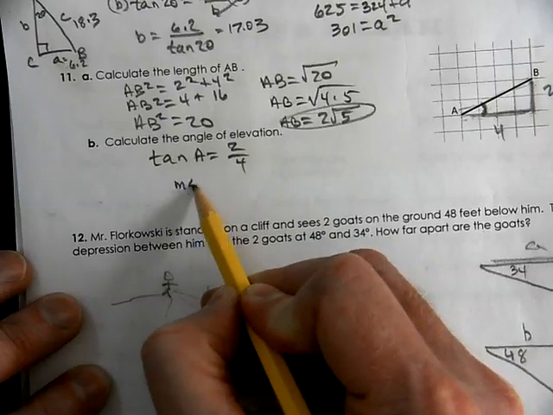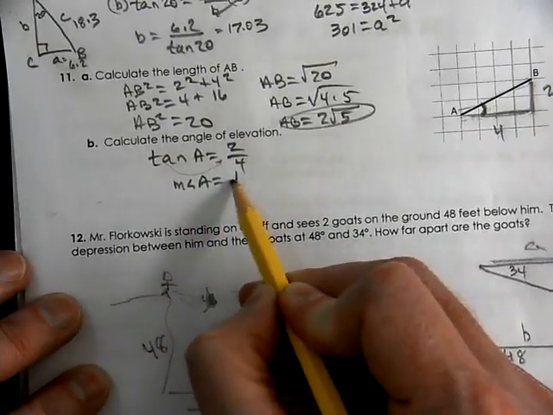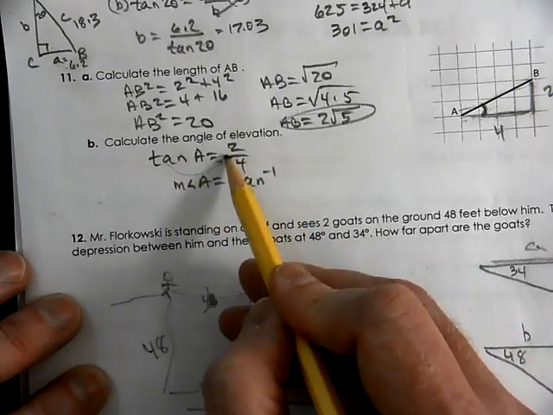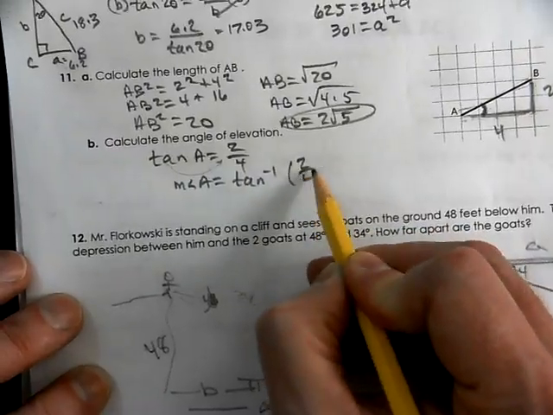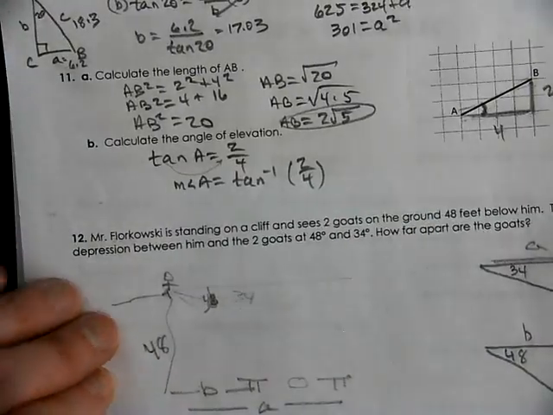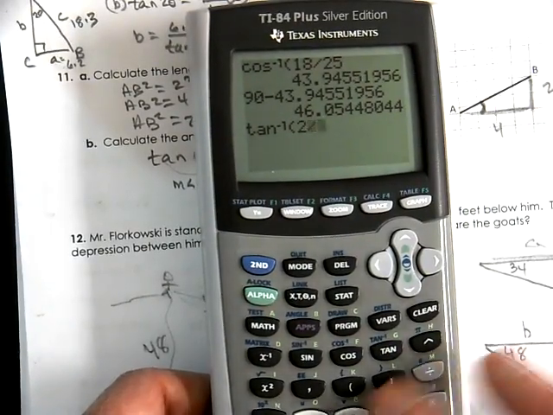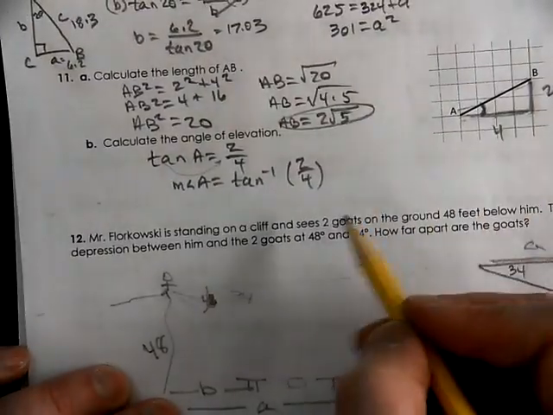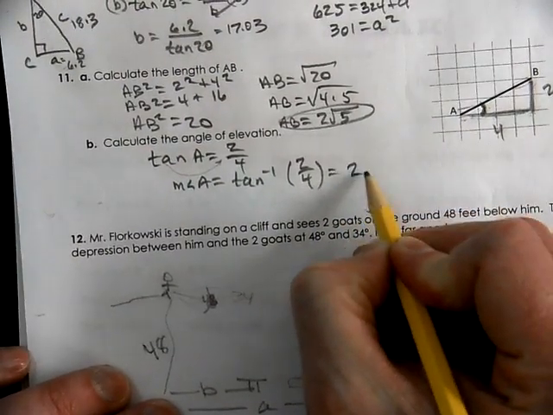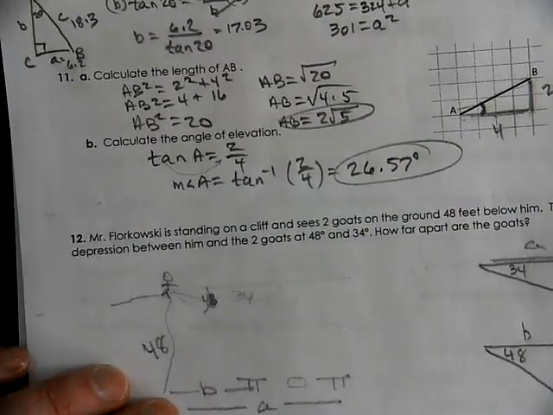I'm going to find the measurement of angle A by moving the tangent to the other side. That's tangent inverse. That's when you use inverse, when you get the angle by itself, of 2 over 4. You can call it 1/2 if you want. So tangent inverse of 2 over 4 is 26.57. 26.57 degrees. That's the measurement of angle A.